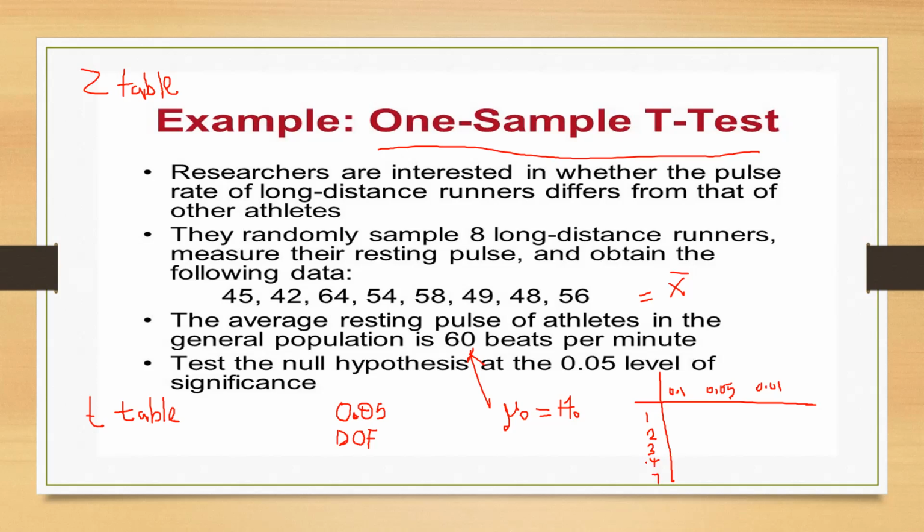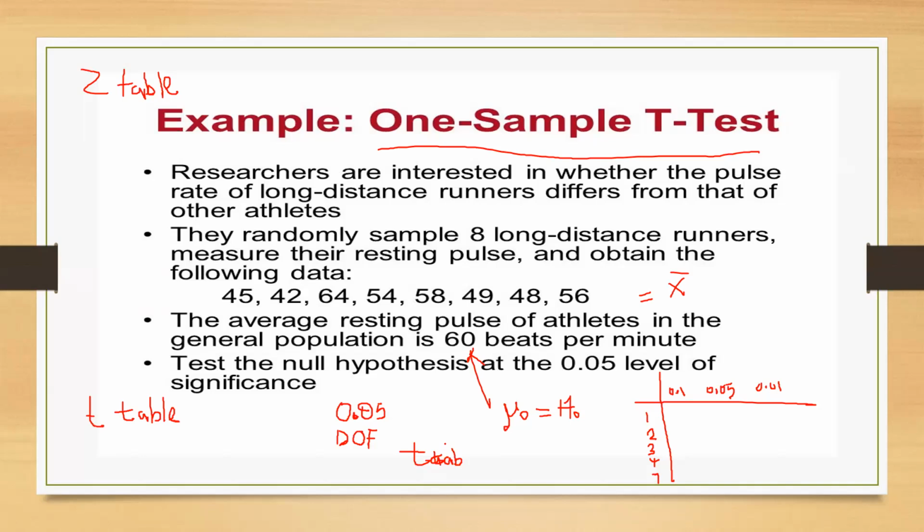Can you see my illustration on the screen? Yes, sir. Okay. On your T table, how do you check the critical value? The critical value that I'm saying you should locate is also called the T-tab. That is the tabulated T value. So the table looks like this.